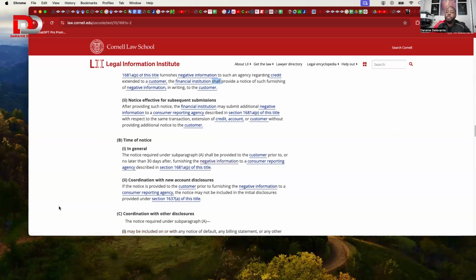So when we talk about the late payment being furnished on your consumer report, there are a few things that must happen. The 1666B requirements for the late payment to exist, but also the negative information notice of them furnishing it to your consumer report.